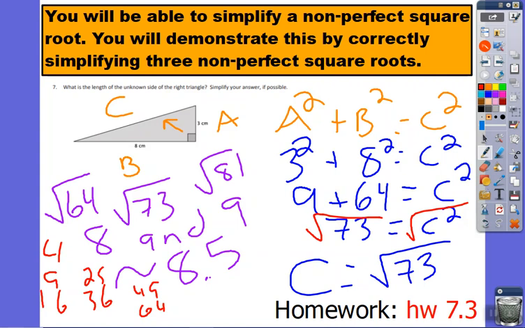We'll just be able to do it when one of those numbers divides in. So if I'm asking you to do it, it will have something that goes into it. If it just comes up in a triangle problem like this, most likely it's not going to have a perfect square that divides into it, but you're going to want to look at the directions, and the directions in this case said simplify. So if we could, we should be doing that instead of just typing it in our calculator.